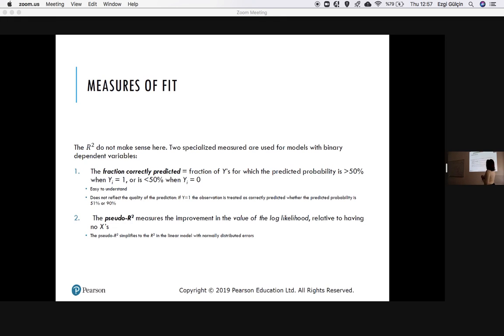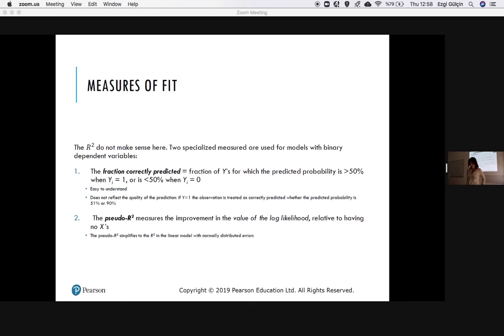That if yi is equal to 1, this observation is interpreted as correctly predicted, both in the case in which your predicted probability is very high, or in the case in which your predicted probability could be 60%, 61%, etc. So there is this threshold, above or below 50%, that is good or not.